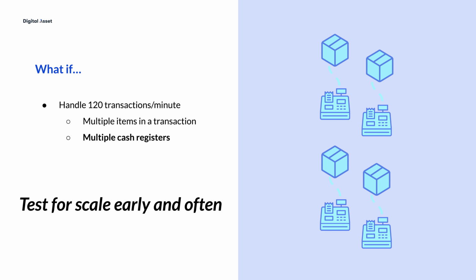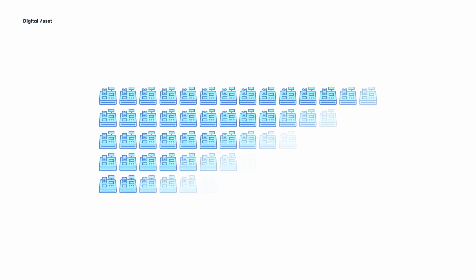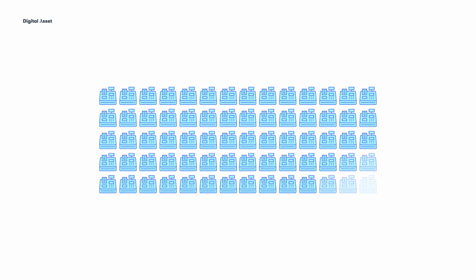It is important to be considering your true scalability requirements as early as possible. Then start testing to find this point of contention now rather than in 6 or 12 months, after a dozen other workflows have been implemented assuming access to this single centralized contract. So if we can run 60 cash registers in parallel, we can meet the 120 transactions per minute throughput.